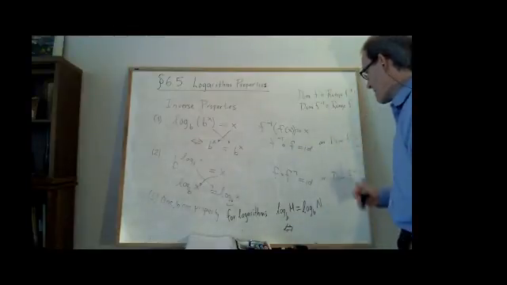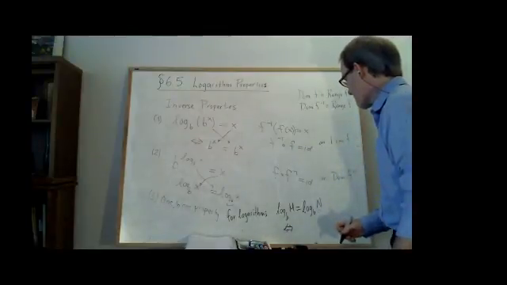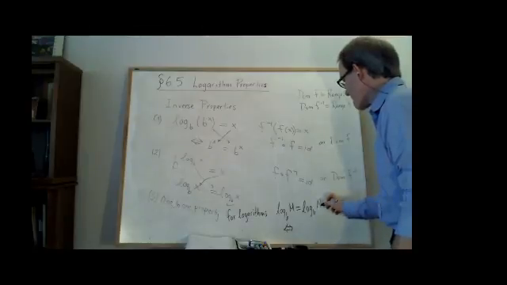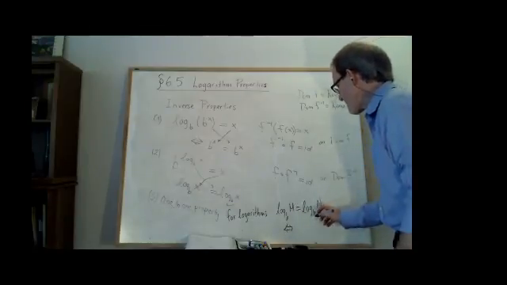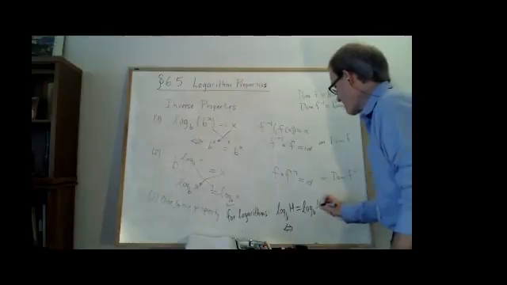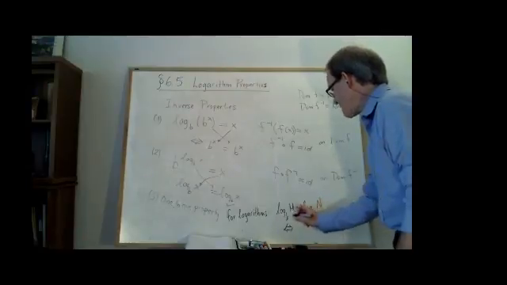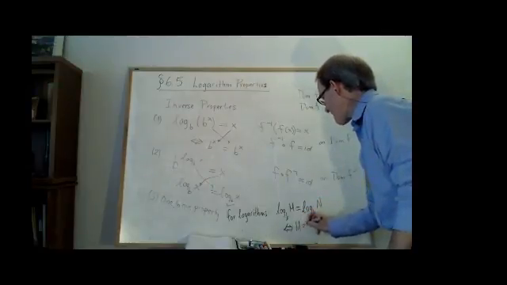So that's pretty much obvious. But it's also true that if the logarithm of m is equal to the logarithm of n, both base b, then m is equal to n.